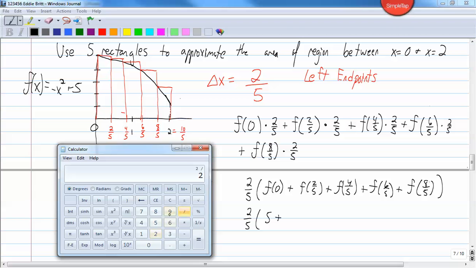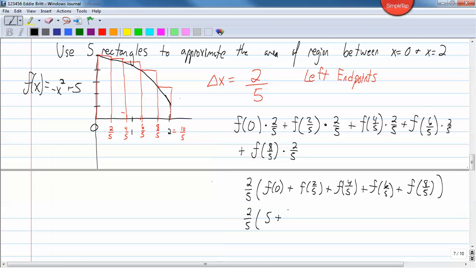So 2 divided by 5 squared. And then I have to take the opposite, the minus is in front. So that's negative 0.16 plus 5. There's the height.